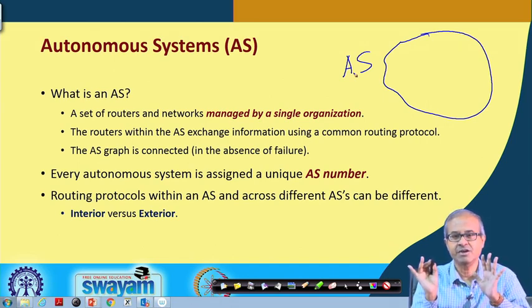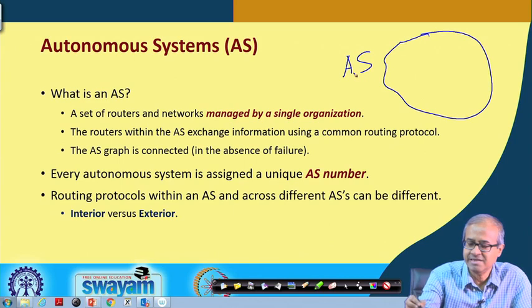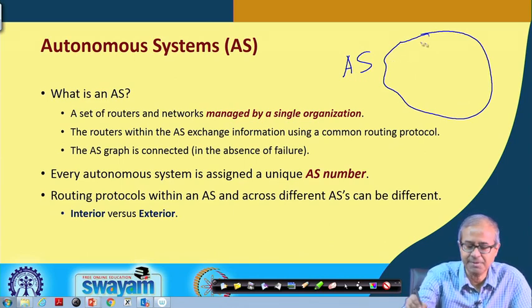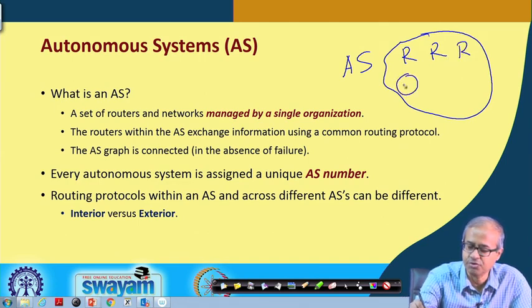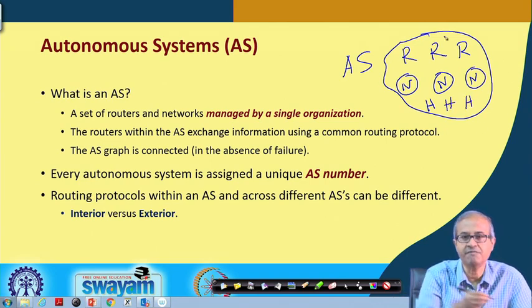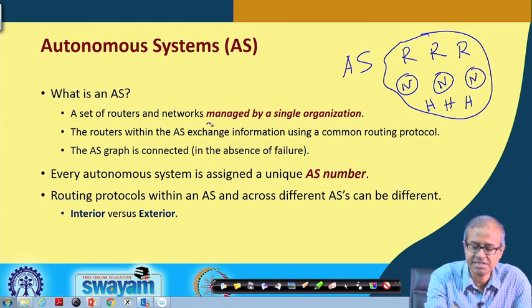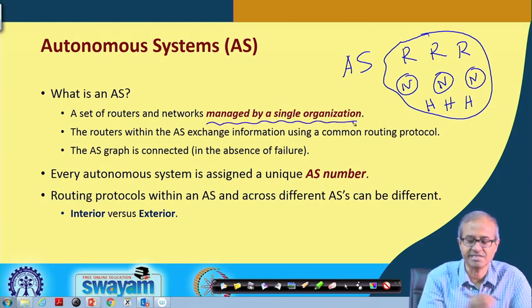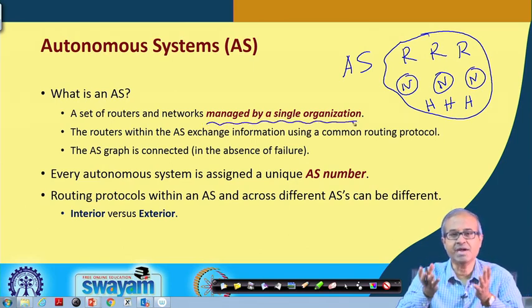An AS is loosely defined as follows: inside this there can be many routers, many hosts, and multiple networks, not a single network. Obviously there are a large number of computers, hosts. Now, if all of them are managed by a single organization, then we can define it as an AS.